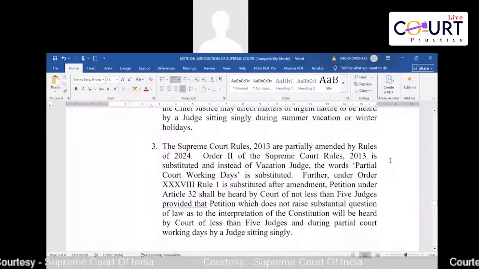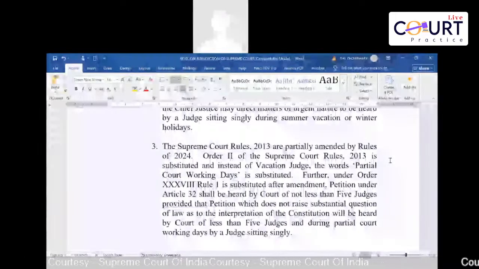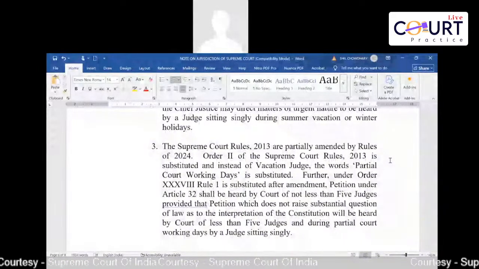Now, item 3 is a little important because it deals with the recent amendment. The Supreme Court Rules of 2013 were partially amended by the rules of 2024. Now, Order 2 of the Supreme Court Rules is substituted, and instead of vacation judge, the first partial court working days is substituted. Further, Order 38, Rule 1 is substituted.